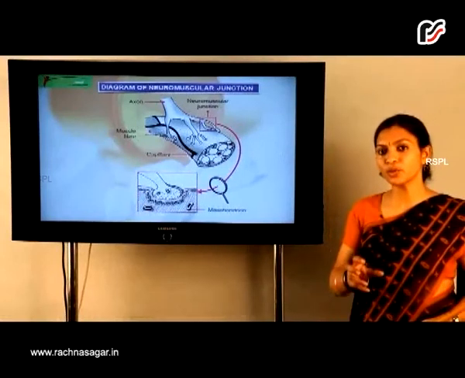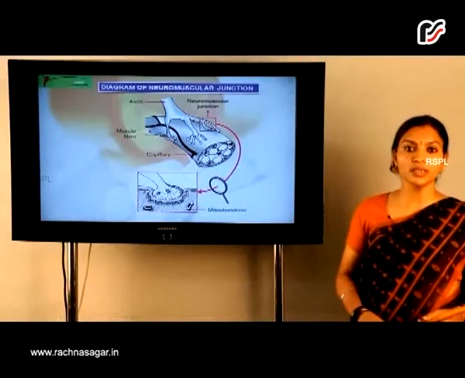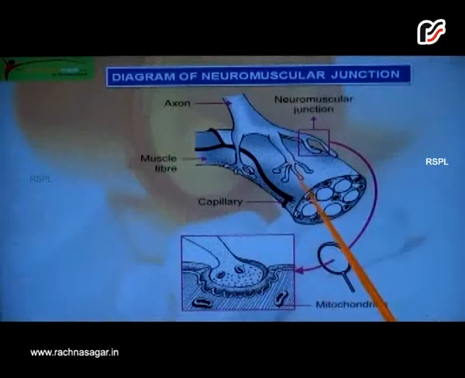So these neurons also make a connection with the muscles so that they can bring about some changes and work can be done. This junction between the muscles and the neuron, you can see the nerve endings here and a muscle fiber, is known as the neuromuscular junction.